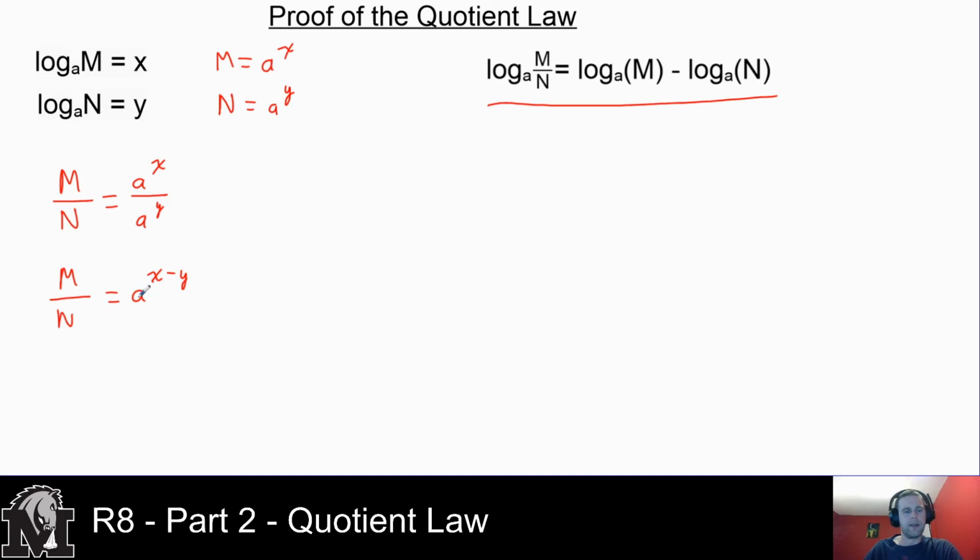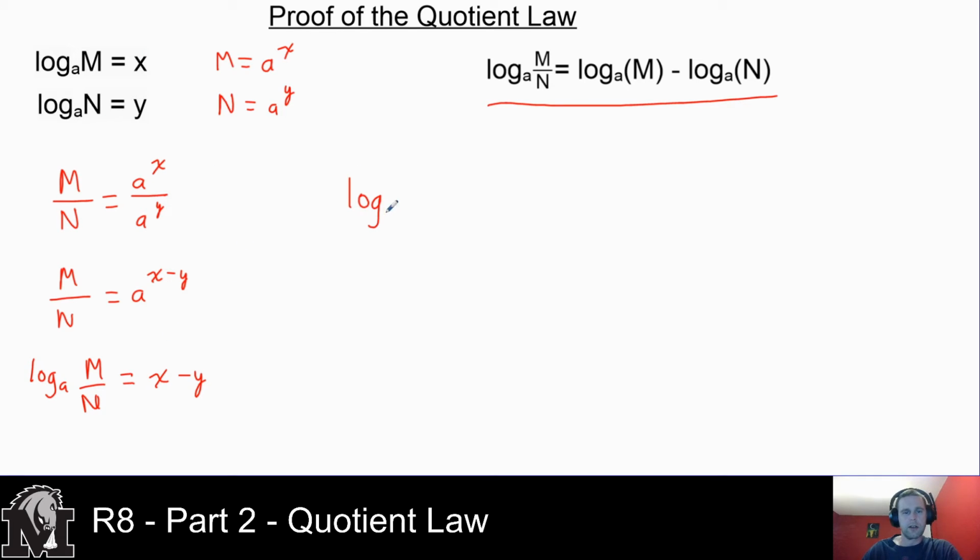Now I have an exponential expression over here on the right. So I'm going to put this into logarithmic form. So I'm going to move the a to the other side. So we have log base a, and then my argument is going to be m over n equals x minus y. Now I'm going to continue my work over on the side here just so we don't lose what we can see here.